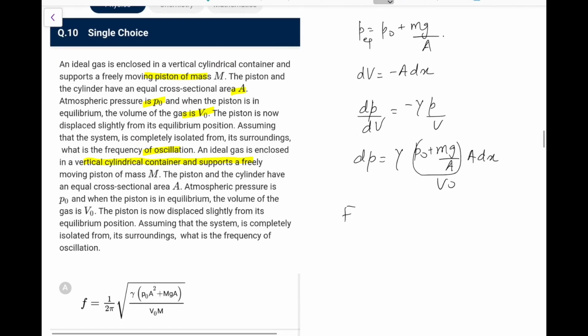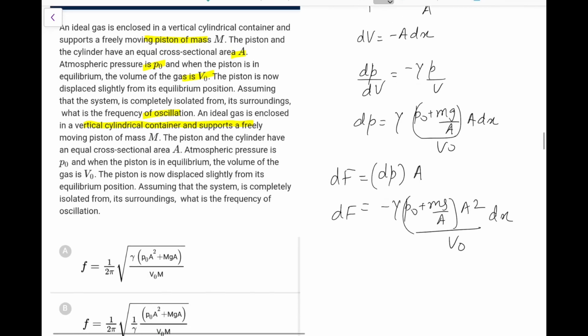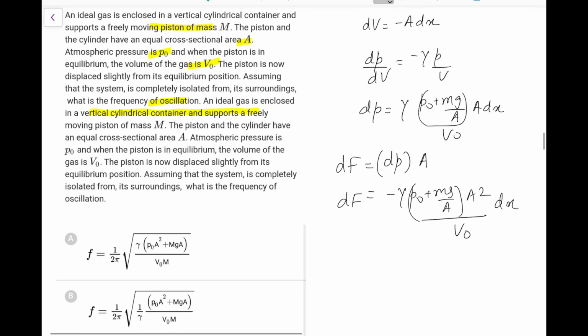So what would be the force acting? The force dF would be equal to dP into A, which becomes minus gamma times P naught plus mg by A, into A square upon V naught, into dx. So this force is proportional to minus dx, that is, proportional to the displacement x.